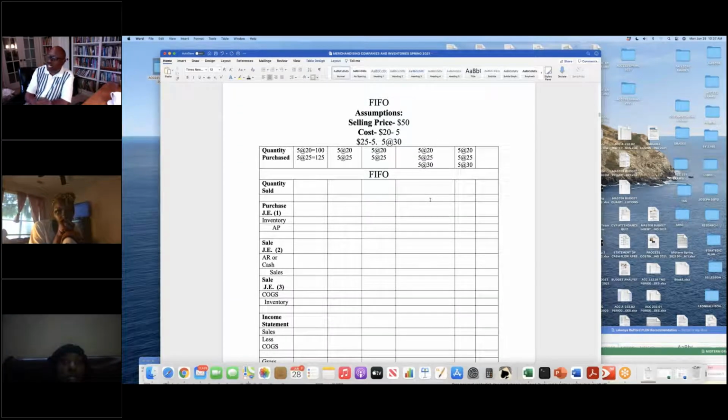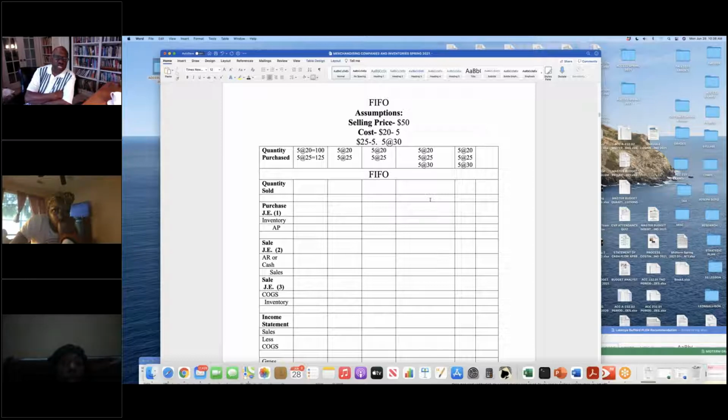Let's change the scenario a little bit. Suppose we're still selling the shoes at 50, but we have two purchases. The shoes are selling at different prices.